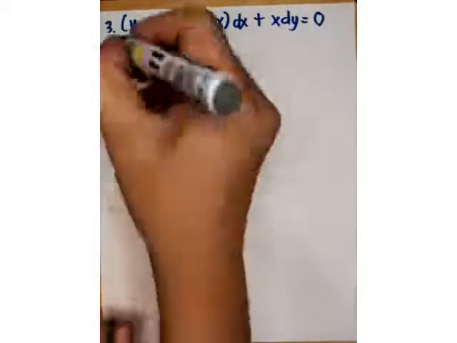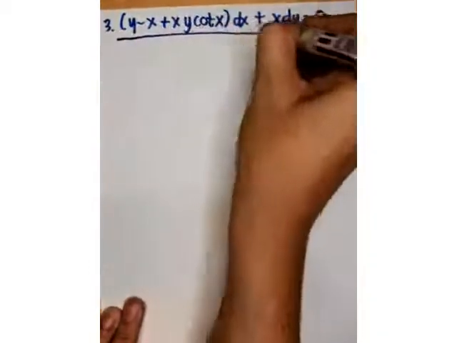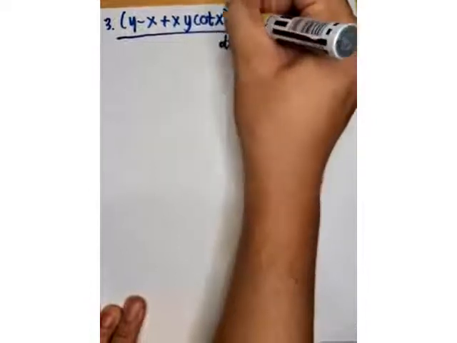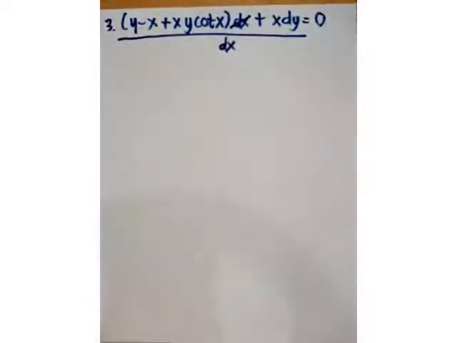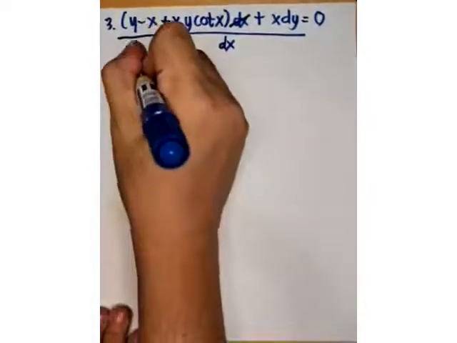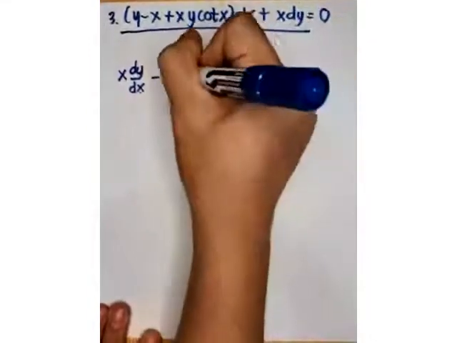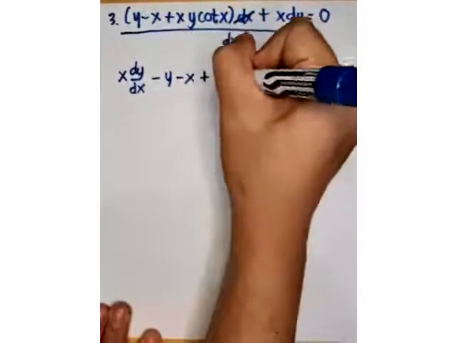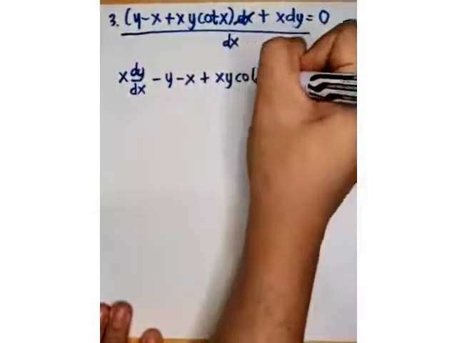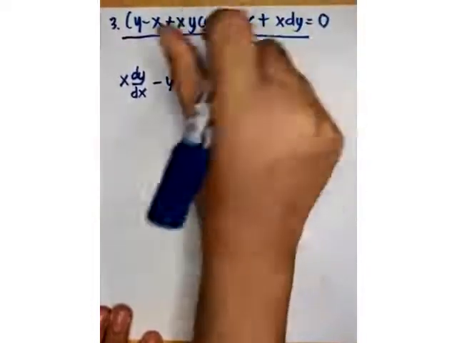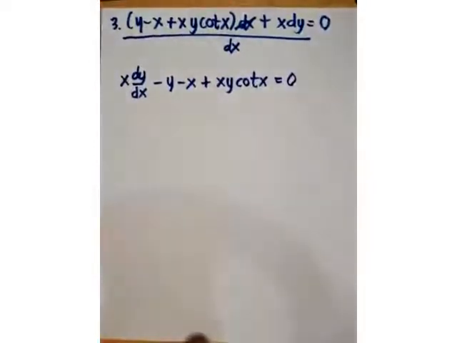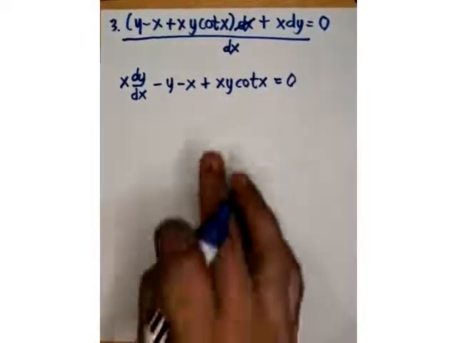So unahin na rin natin ay dy over dx. So let's divide this by dx. Ayan. So we'll have x dy over dx plus y minus x plus xy cotangent x is equal to 0. Ayan. So next is, lahat ng may y, itira sila dito.